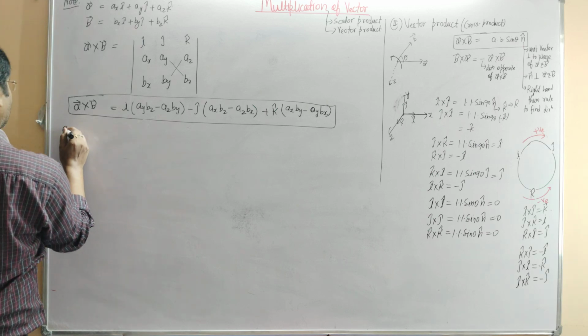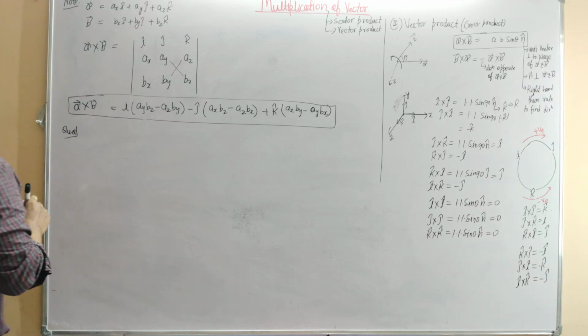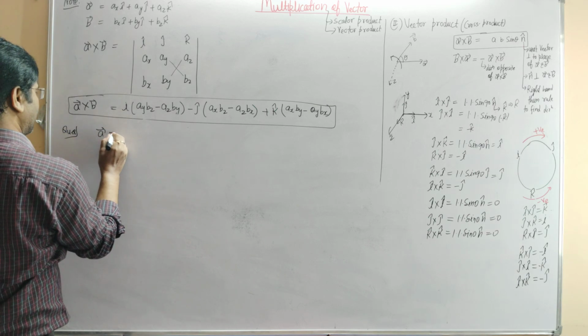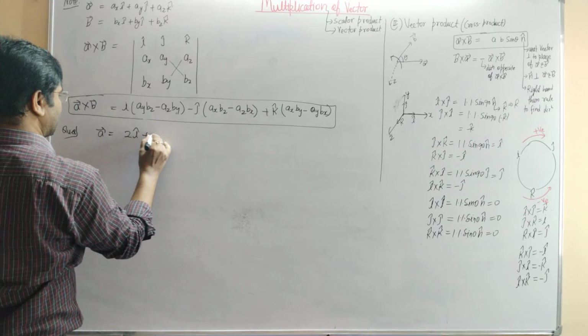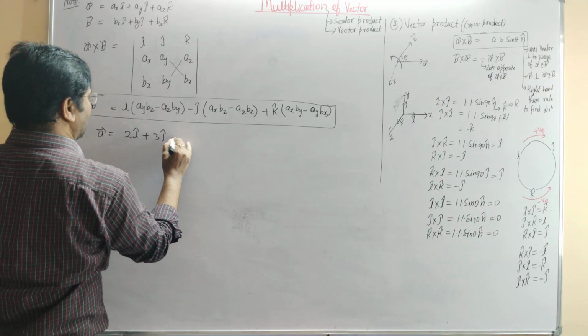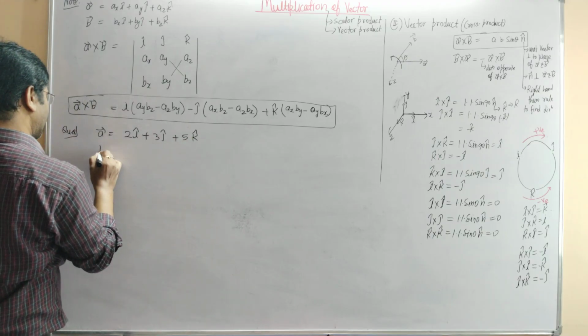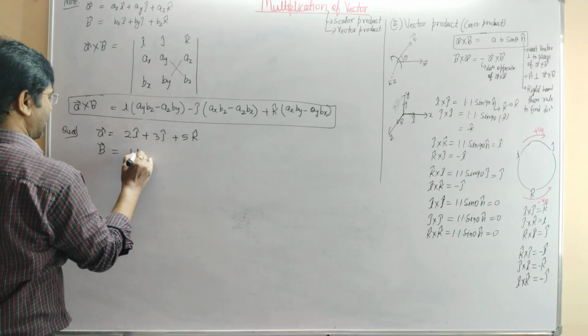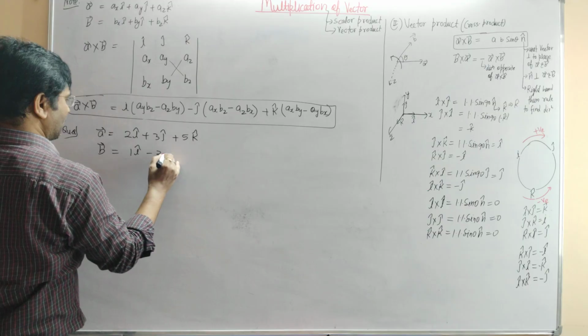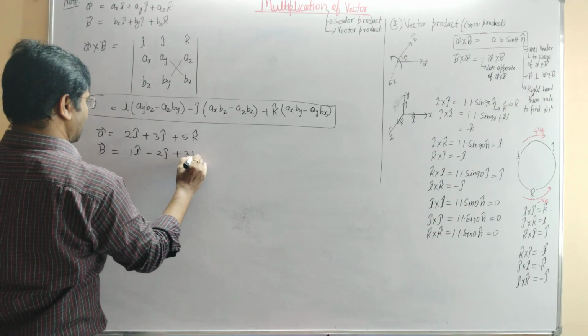Okay, so two examples we'll take here. Let's take vector a as 2i cap plus 3j cap plus 5k cap. Another vector b is 1i cap minus 2j cap plus 3k cap.